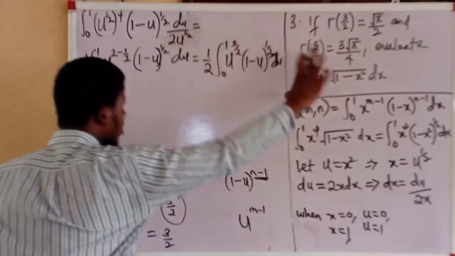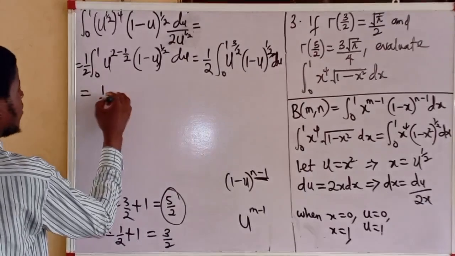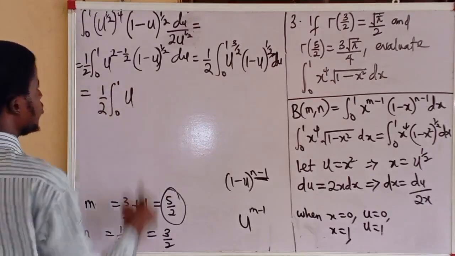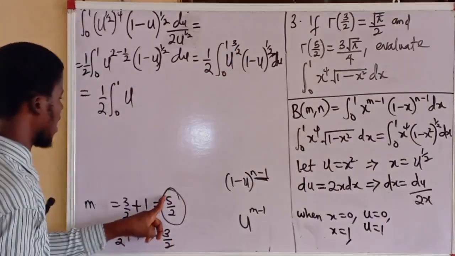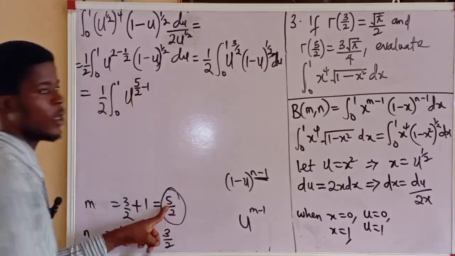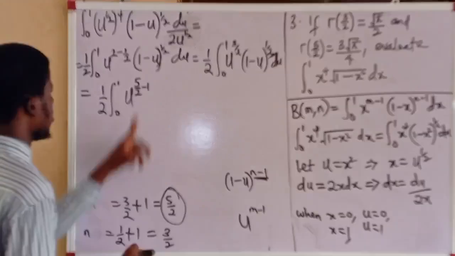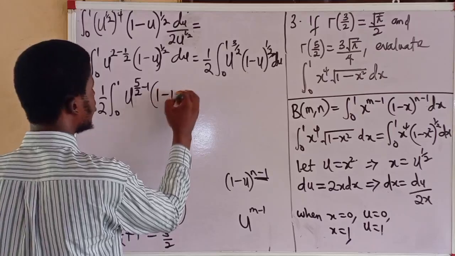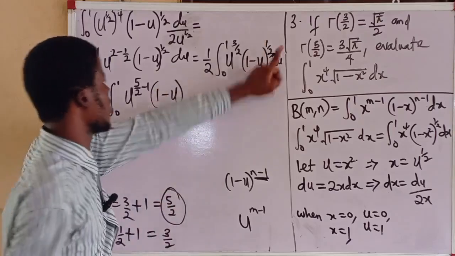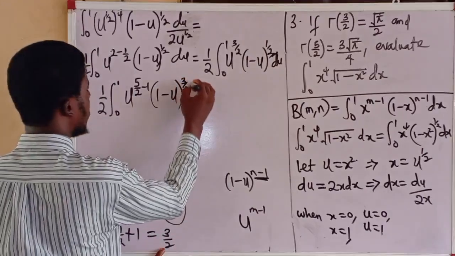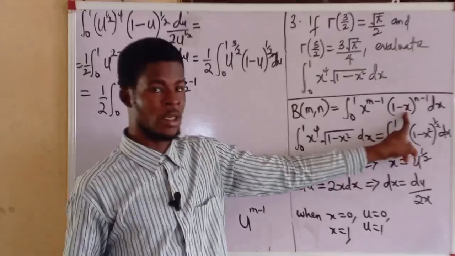So this integral is equal to 1 over 2, the integral from 0 to 1 of u to the power of what? 5 over 2 minus 1. You get the point. 5 over 2 minus 1 is 3 over 2, into 1 minus u to the power of 1 over 2 will now be what? 3 over 2 minus 1 based on what is here.